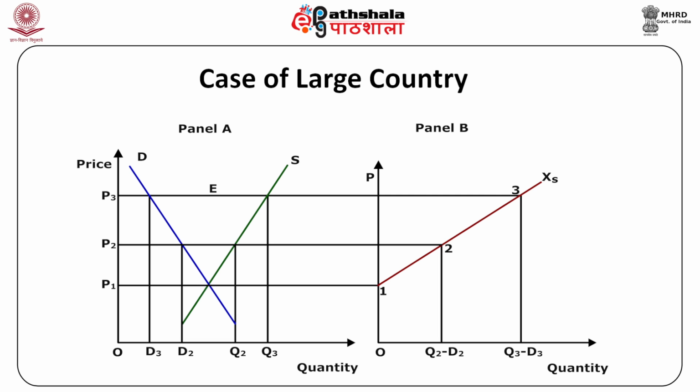The total supply available is Q2 D2 and this is shown as point 2 in panel B of the figure. At the price OP3, the supply available for export is Q3 D3 and point 3 in panel B shows this. The export supply curve XS is positively sloped, which shows the positive relationship between price and exported goods.